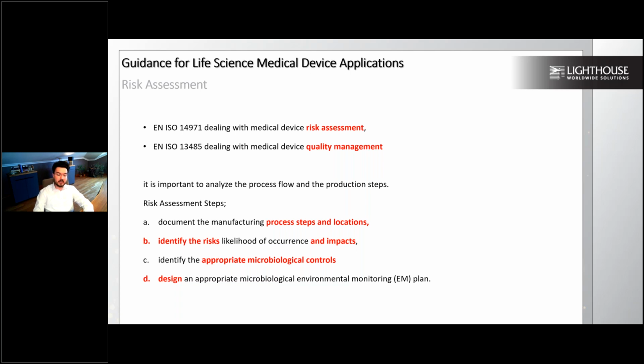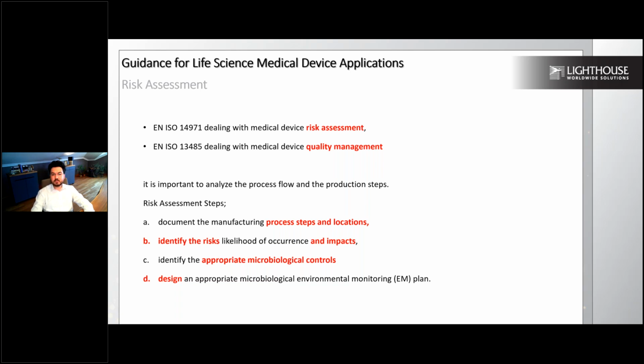The reason I'm saying this is that in the long run, if you have a new ISO, you should expect a similar approach to this ISO standard for microbiological control parameters, like we have with this medical device approach. First of all, EN ISO 14971 deals with the risk assessment of medical devices, while 13485 deals with the quality management of medical device manufacturing.